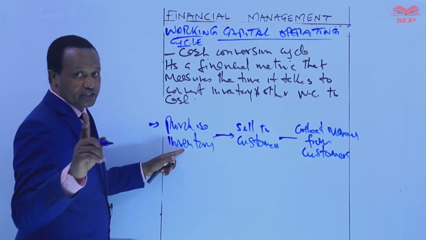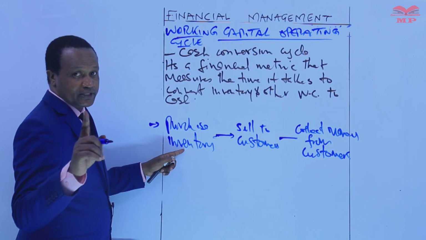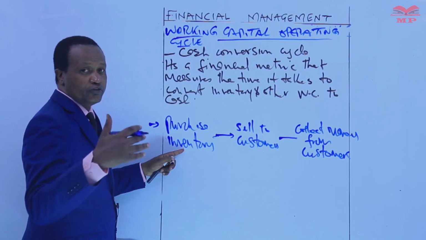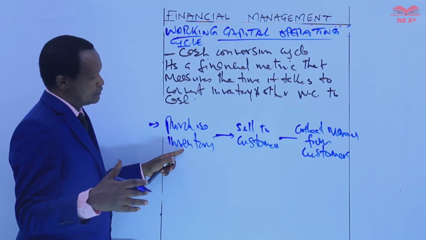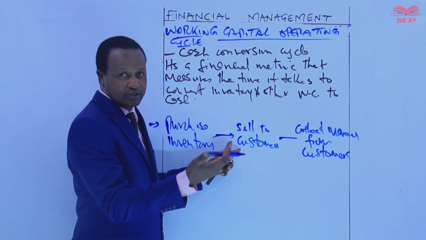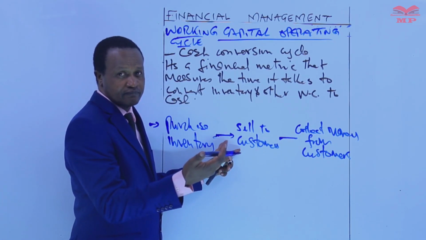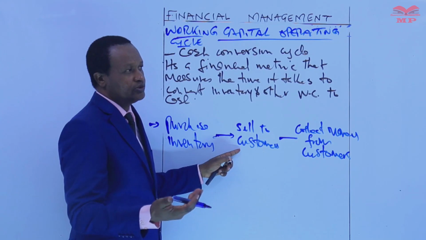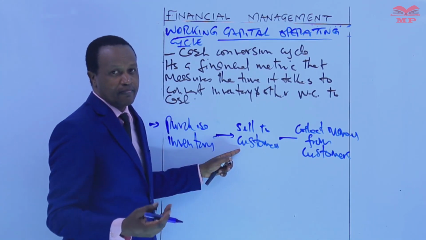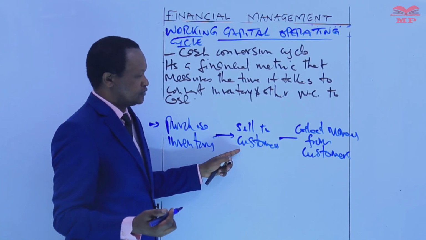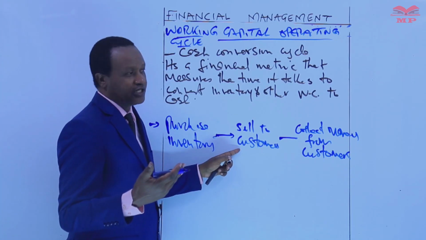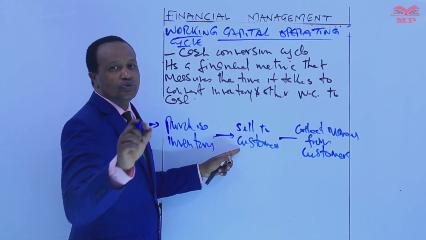Are you following, candidates? Purchasing inventories includes raw materials or finished goods. Then after you've purchased the goods, you sell to customers. That means the goods are converted into accounts receivables. You sell to customers, and that generates accounts receivables.